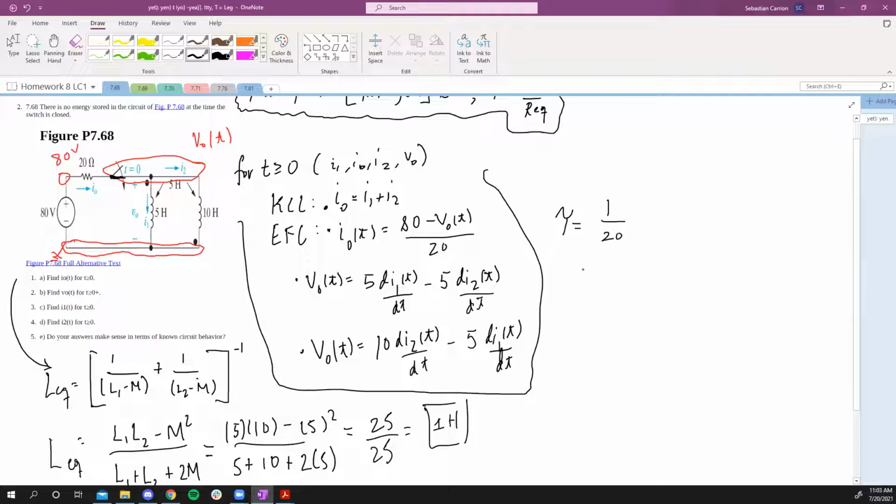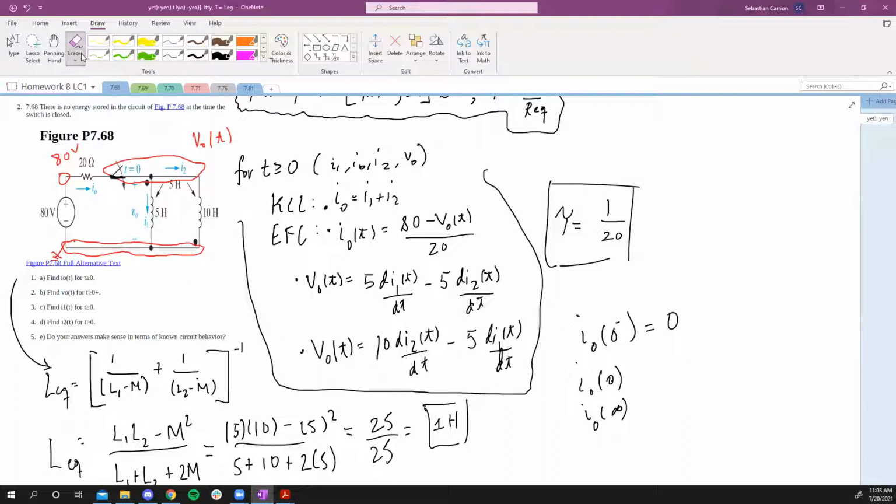Now that we have our tau, and we know that i0 at time before 0 is going to be 0, what is going to be our i0 at time 0 and our i0 at time infinity?